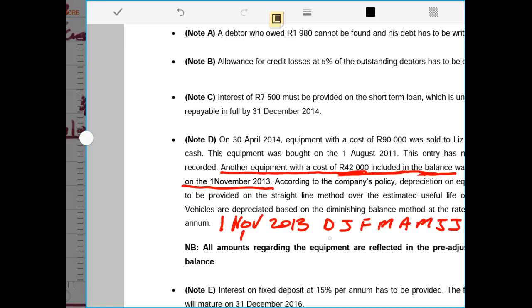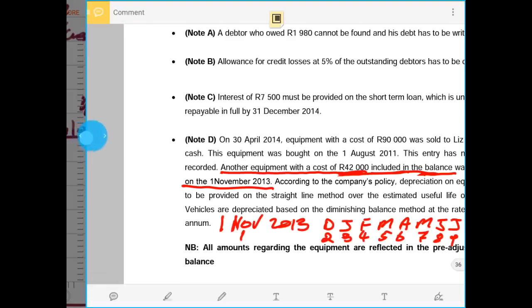Therefore it's 1, 2, 3, 4, 5, 6, 7, 8, also 9 months, from the 1st of November until 31st of July 2014, the end of the current accounting period.